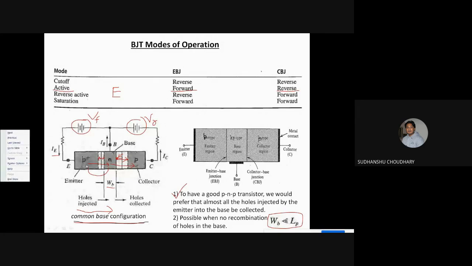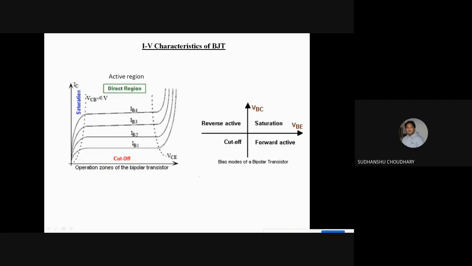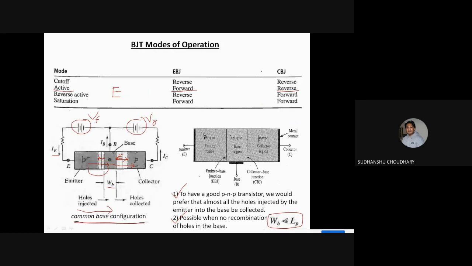That is only possible if you have no recombination of the holes in the base. Holes will recombine with electrons in the n-type region, that is in the base. So if you can stop that recombination, that would be the best transistor. But actually that is not completely possible. Why is that not completely possible? We'll comment on that.